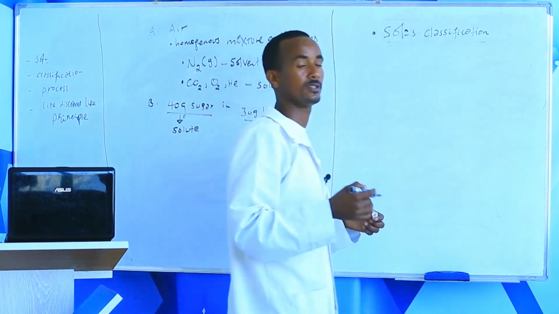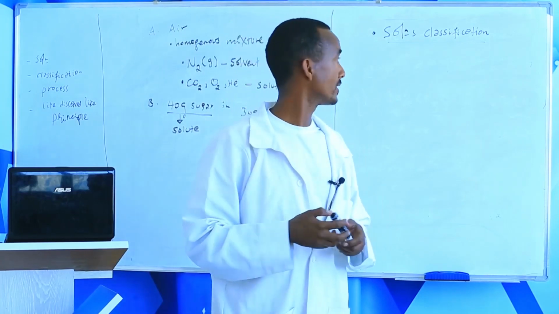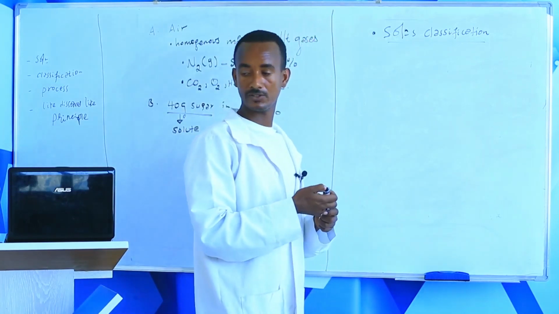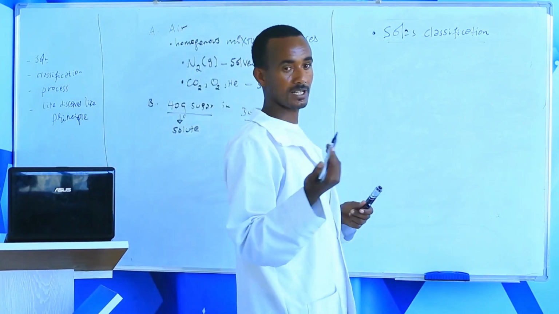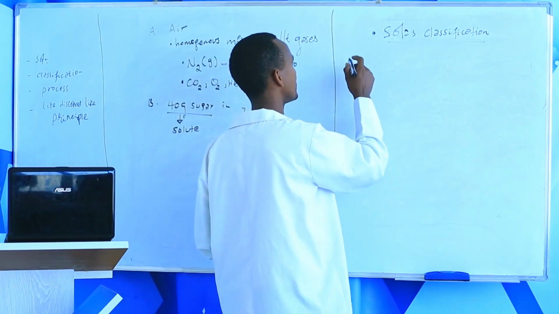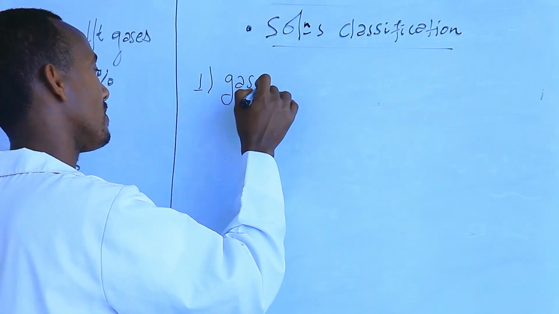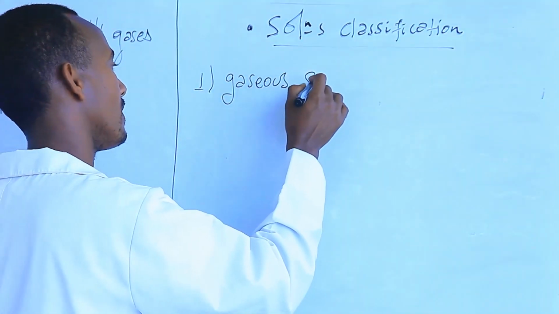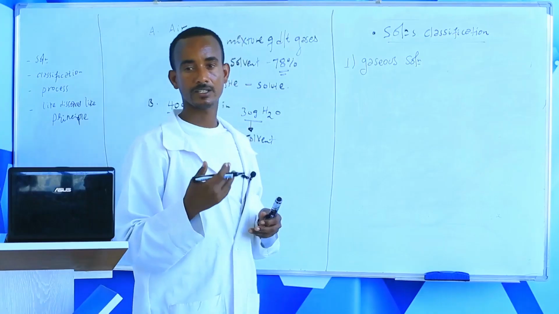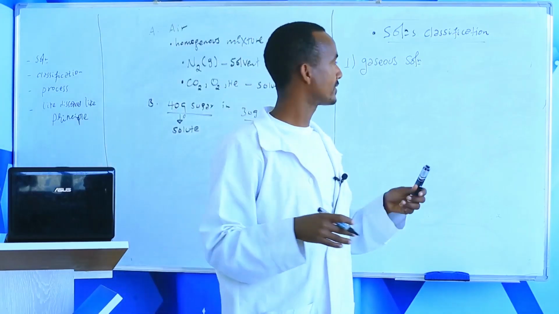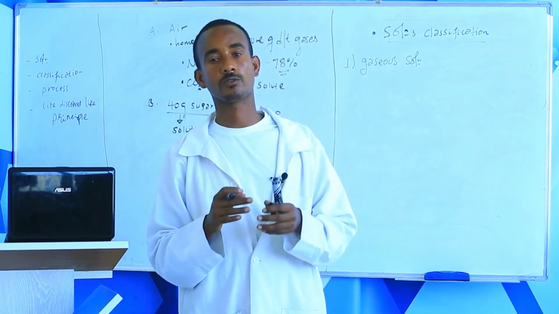Generally, solutions that are made by mixing two components can be classified into three classes using their physical state. The first class is gaseous solution. Whatever the physical state of the solid and the solvent, when you say gaseous solution, the final solution appears in the form of gas.